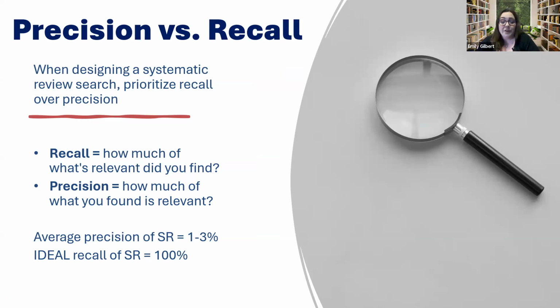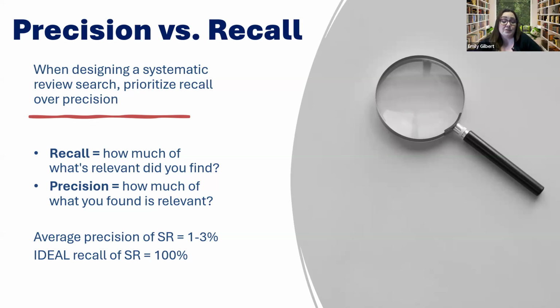And it's really important that you prioritize the recall, because if you don't do that, you will sacrifice the integrity of the review, and then it will become a very good literature review, but not a systematic review. Also, some people do get nervous when they see results from a systematic review search, because most of the results aren't going to be relevant to the research topic.